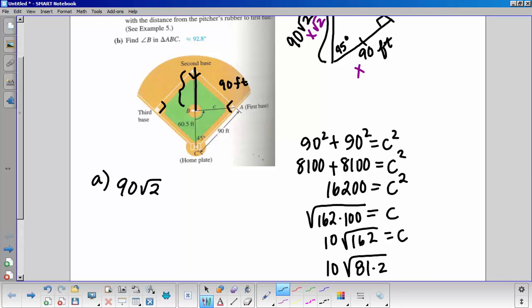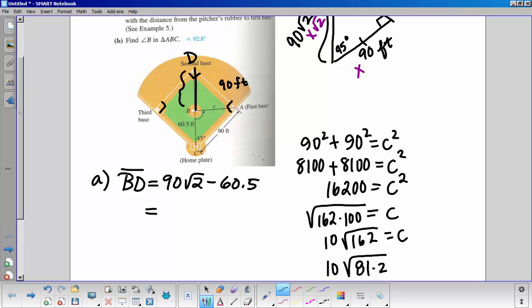How about if this is A, B, C, let's call this D up here. May I call that D? So I can say the distance for BD is equal to 90 root 2 minus 60.5, right? Because I would take this whole hypotenuse and subtract the 60.5.